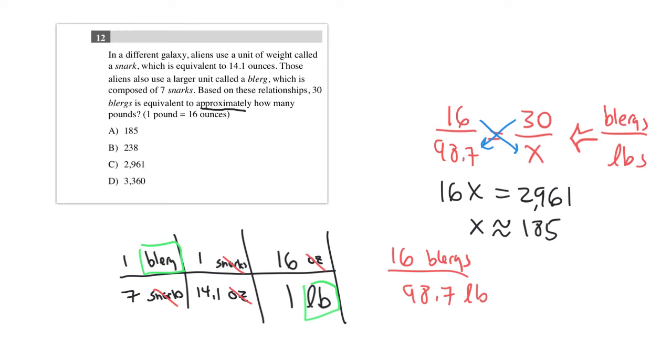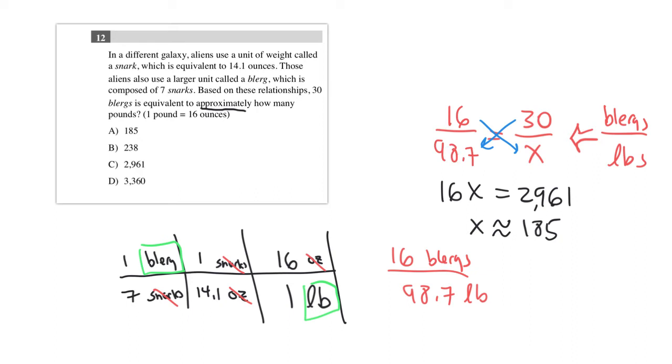So what we've learned is that 16 blurgs corresponds with 98.7 pounds, which means that 30 blurgs has to correspond with 185 pounds. And in a way that kind of makes sense because 16 is very close to 15, and 15 times 2 would give us 30.